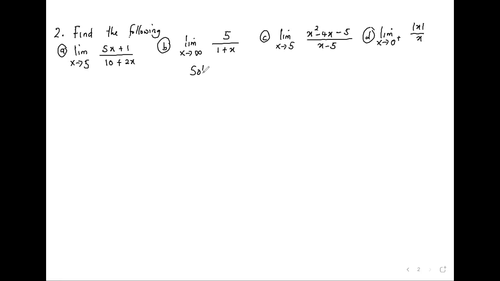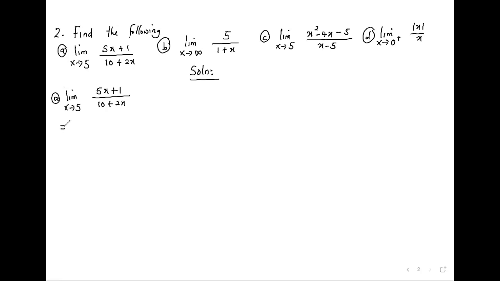Again, solution. The first one, the limit as x goes to 5 of 5x plus 1 over 10 plus 2x. Let's see.